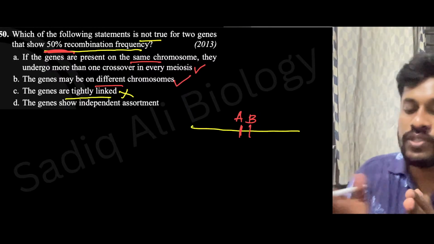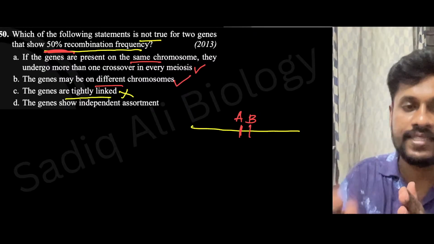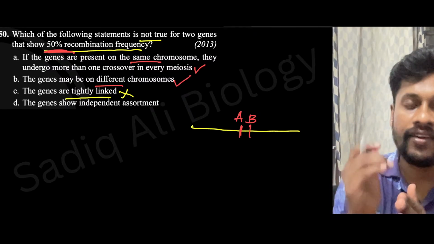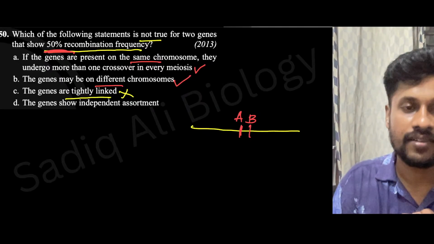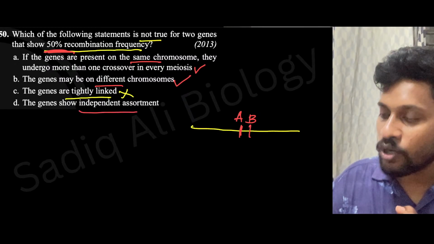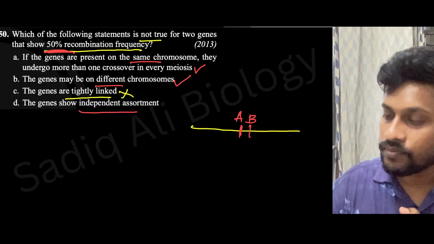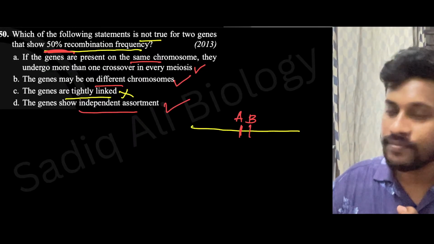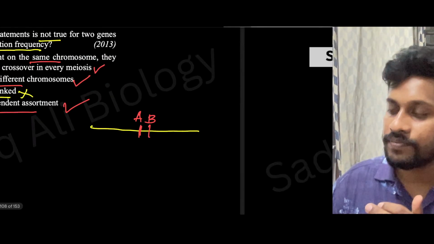So as much two genes are coming nearby, parental will be increasing because of linkage, and recombination frequency will be decreasing. So that's why C is wrong. Genes show independent assortment, this is true because they are not linked, right? Yeah, option C will be the answer.